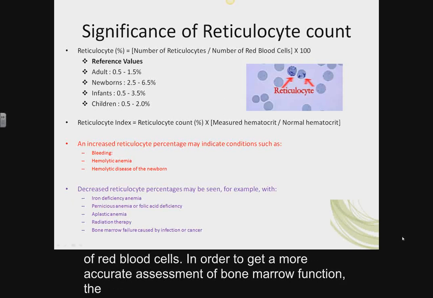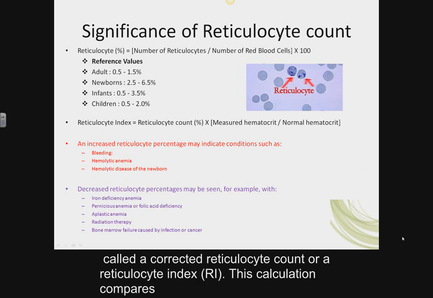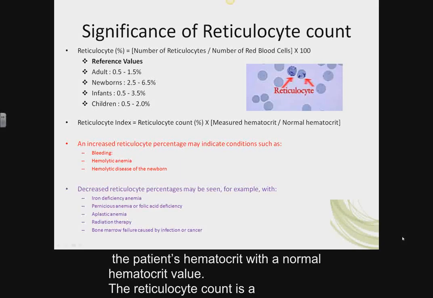In order to get a more accurate assessment of bone marrow function, the calculated reticulocyte percentage is often corrected with a calculation called a corrected reticulocyte count or a reticulocyte index, RI. This calculation compares the patient's hematocrit with a normal hematocrit value.